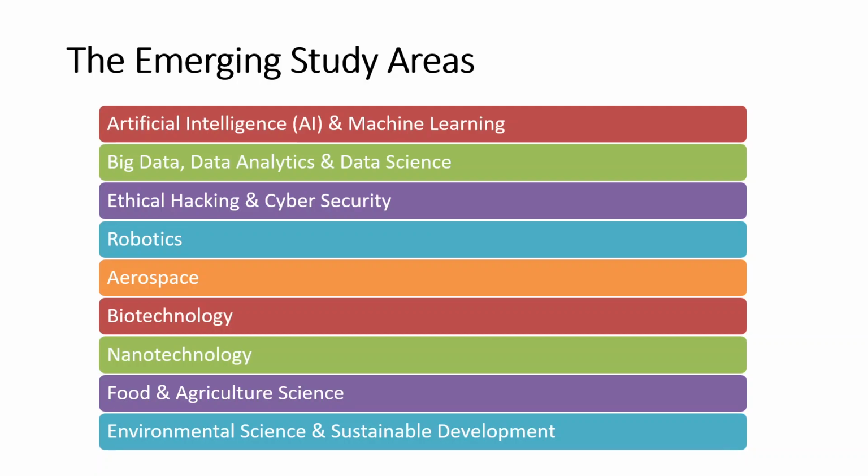Artificial intelligence and machine learning, big data, data analytics and data science, ethical hacking and cybersecurity, robotics, aerospace, biotechnology, nanotechnology, food and agriculture science, environmental science and sustainable development. Those are some of the areas that are emerging very rapidly.